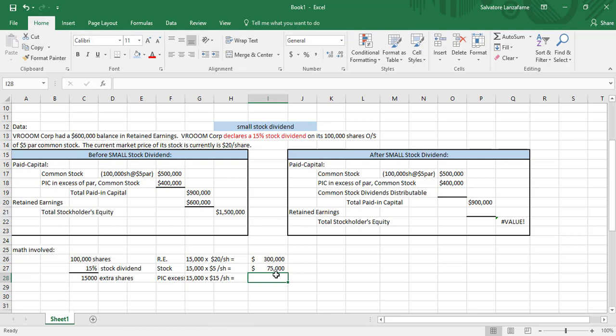Let's do that math. 15,000 multiplied by 15 gives us 225,000. Okay, so these are the numbers that are going to go in our journal entries.